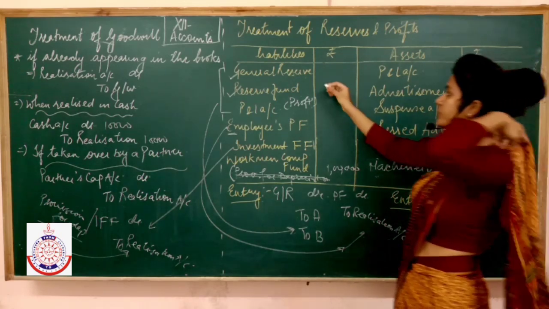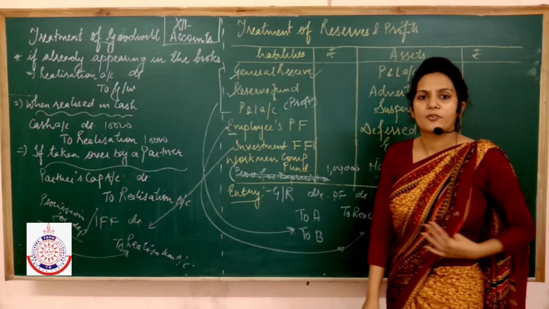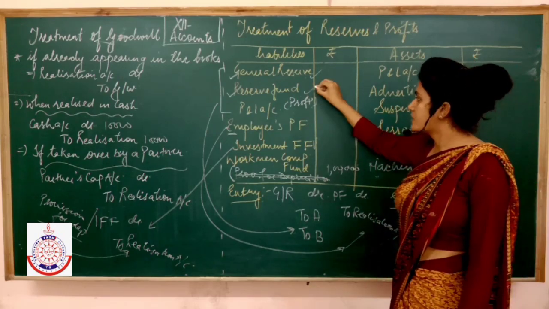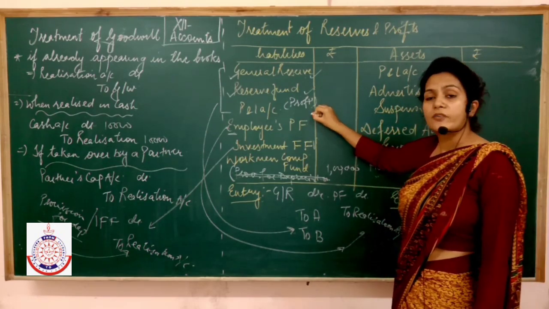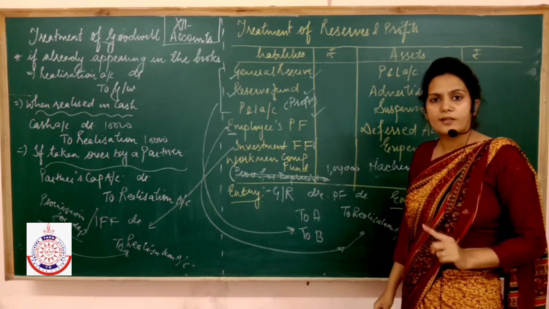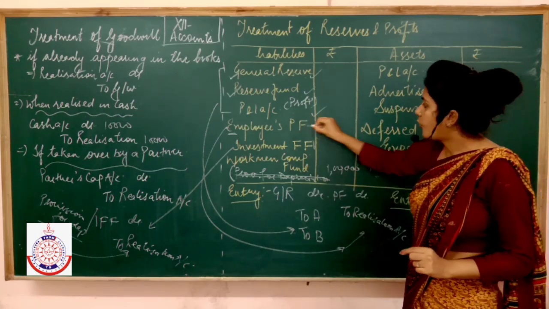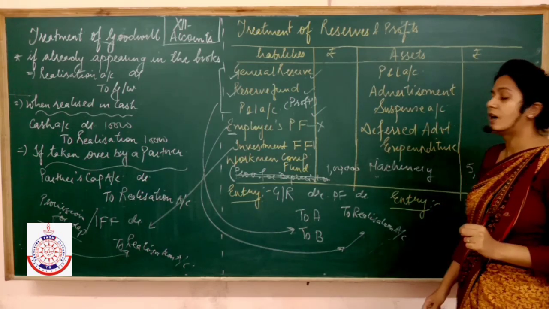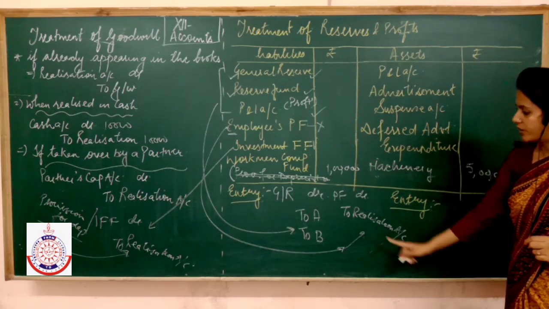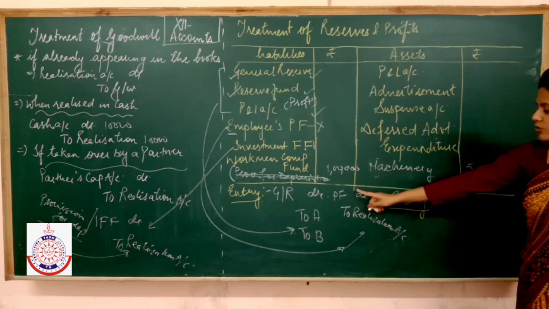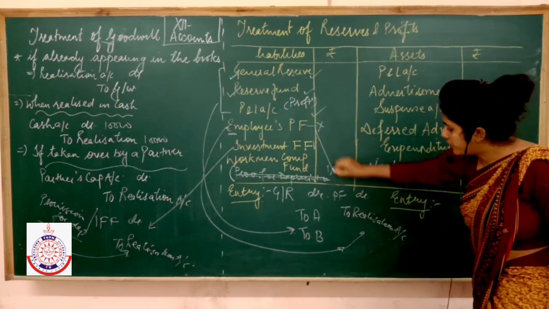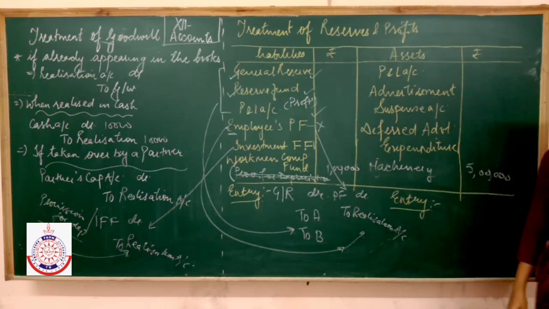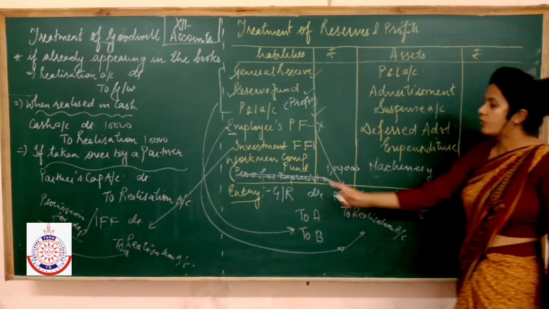We have to distribute general reserve to old partners in their old ratio. We have to distribute reserve fund. We have to distribute profit and loss account to old partners in their old ratio. But employees provident fund will not be distributed, as it is an outside liability. The entry you can see very well: provident fund account debited to realization. Next is workmen compensation fund.